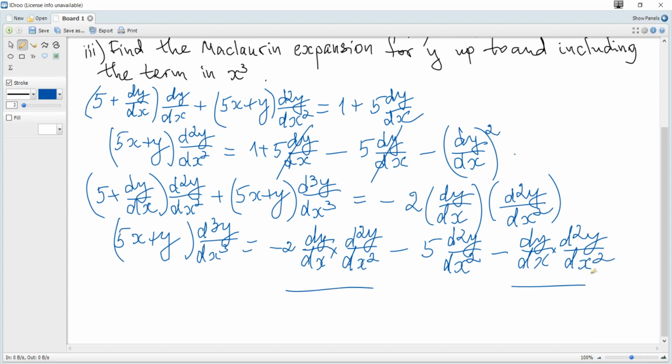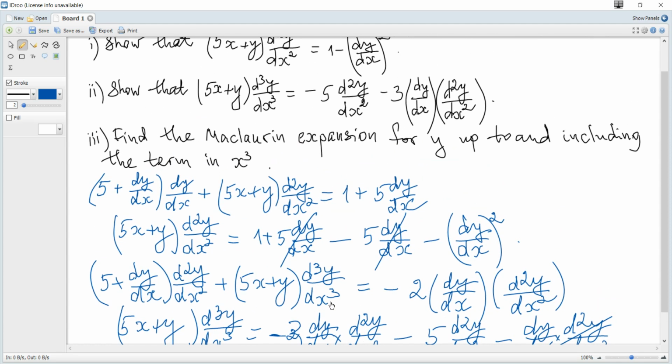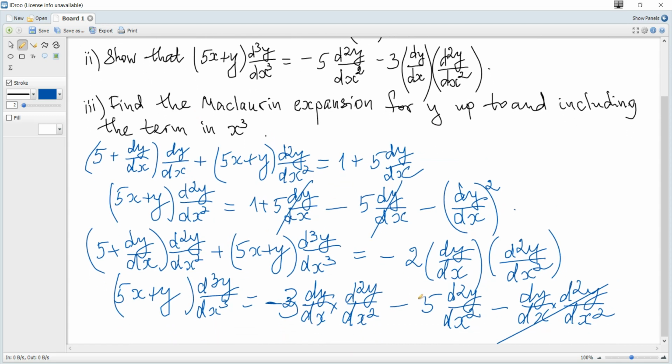And we can see that there are like terms, and finally it's just negative 3 as required, and minus 5 the second derivative. And the next, find the Maclaurin expansion for y up to and including the term in x cubed.